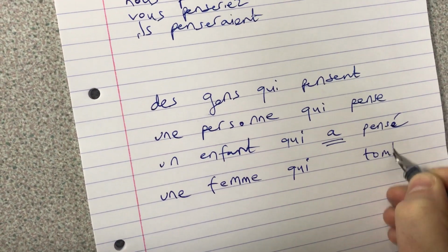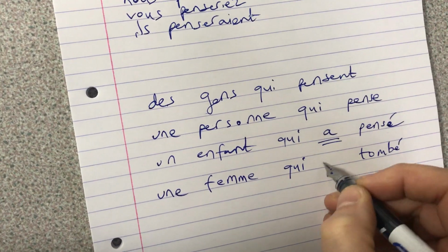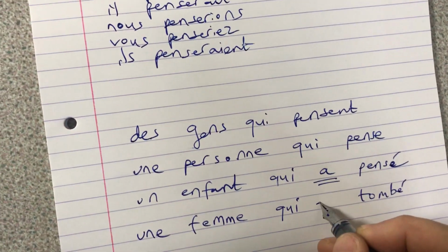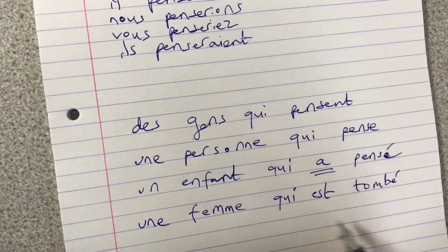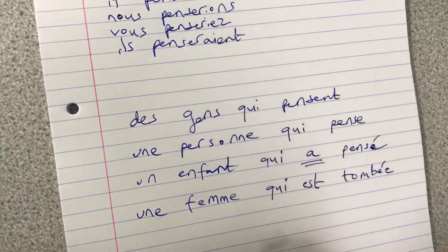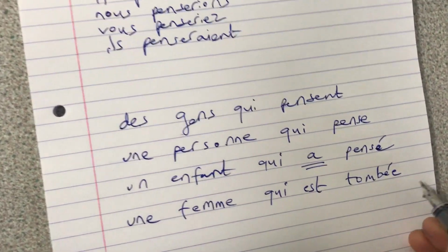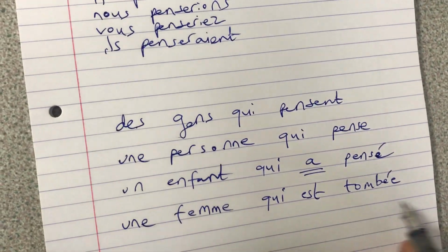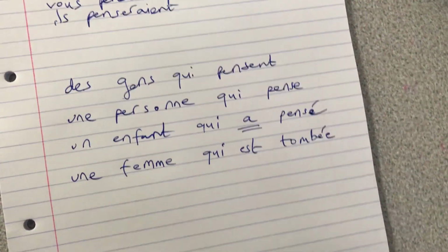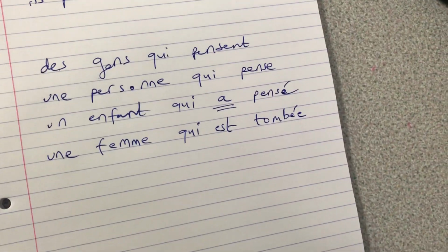Now the past participle is tombé like that, isn't it? But because tomber is a verb of motion, Dr and Mrs Vandertramp, we'll put an est there from être, and then we're going to add an e there. So une femme qui est tombée looks like a woman who is fallen, but it's not. It's une femme qui est tombée, a woman who has fallen.